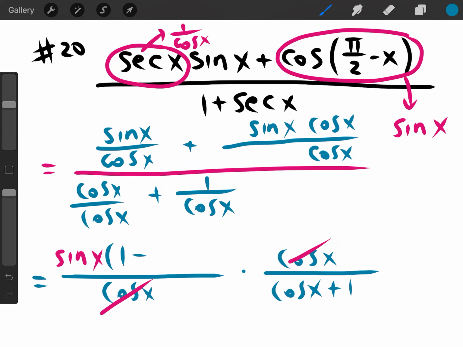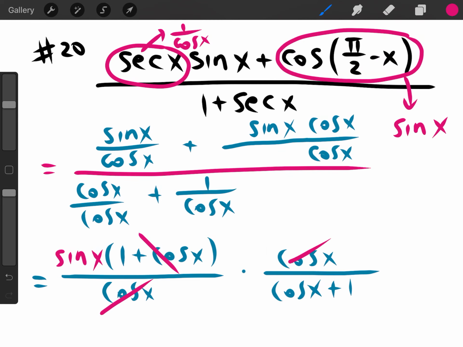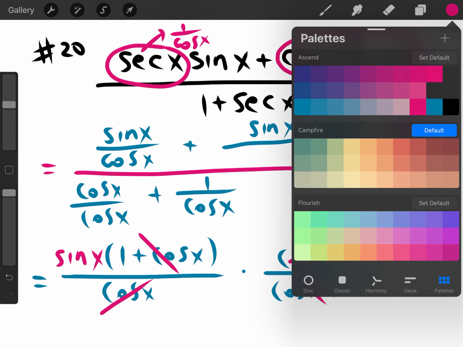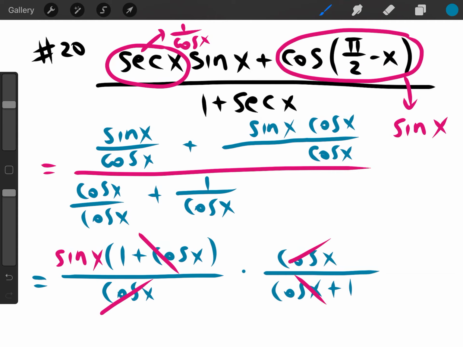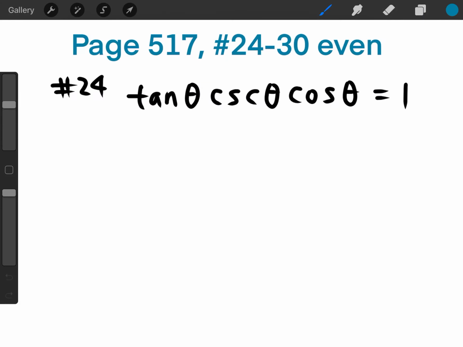I factor out the sine x, and that leaves me with 1 plus cosine x. You'll be able to cancel these out. So when you simplify this whole craziness, it's actually just going to equal sine x.